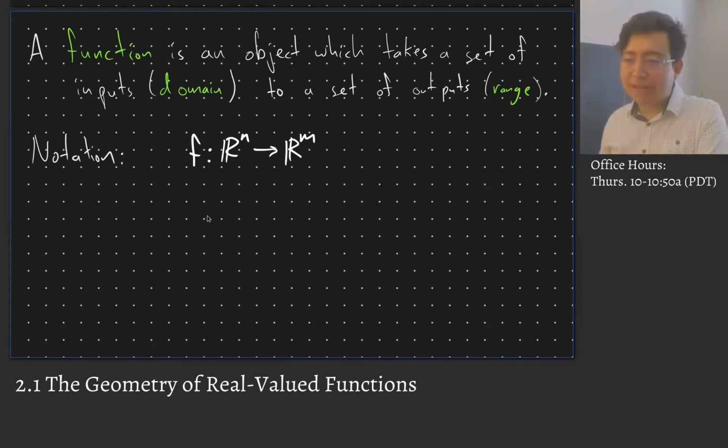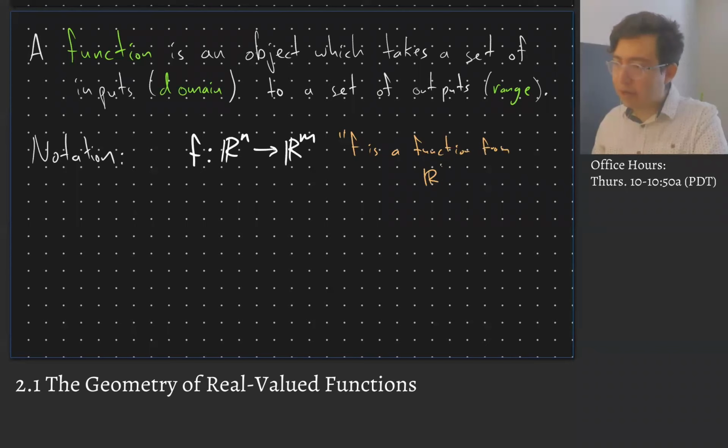So when we were reading this, we'd say F is a function from Rn to Rm. So that's how we'd read this out loud. F is a function from Rn to Rm.